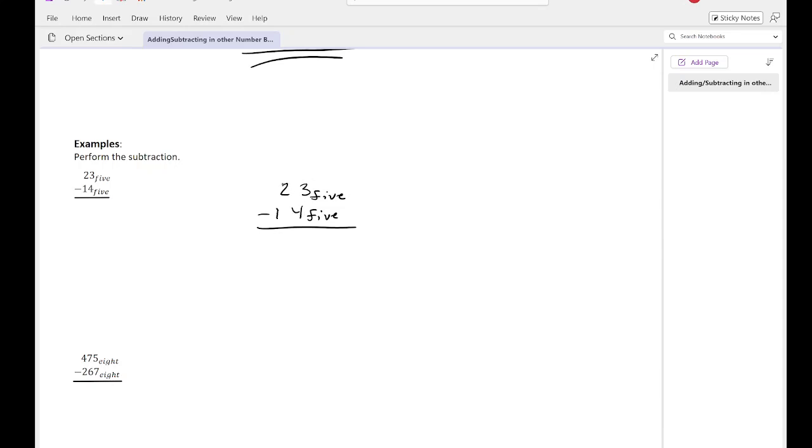So we're going to borrow 1 from here, so 2 becomes a 1, and we're going to add to the 3, but since we're in our base 5 system, we're going to add 5 to 3, and that's going to give us 8. And now we're going to do 8 minus 4. 8 minus 4 is 4. It's underneath the 5, so we haven't exceeded 5, so we're good. And then 1 minus 1 is 0. So 2 3 base 5 minus 1 4 base 5 is 4 base 5.